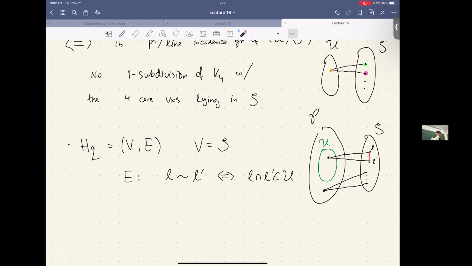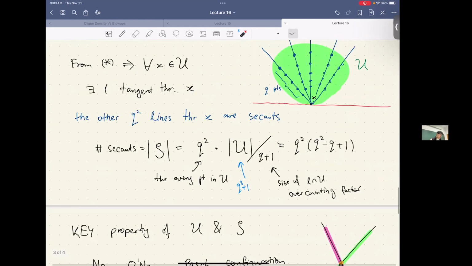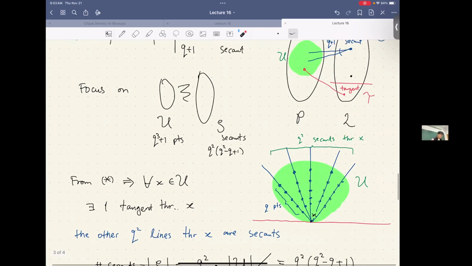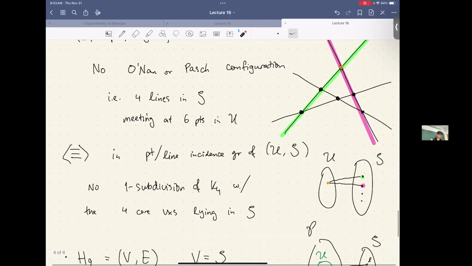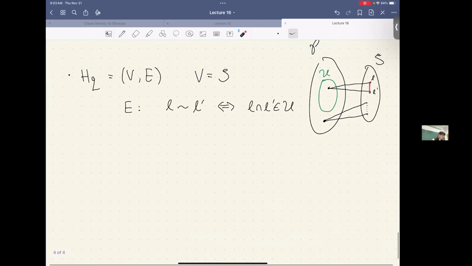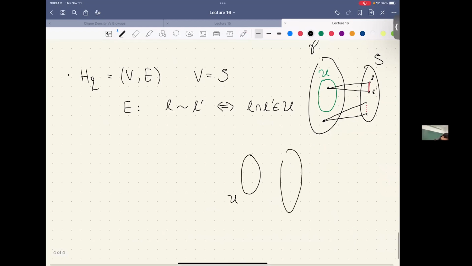Okay, I forgot to mention, I find it useful to look at this incidence graph between unitals and secants. So let's draw this graph. We have U here, and secants here.